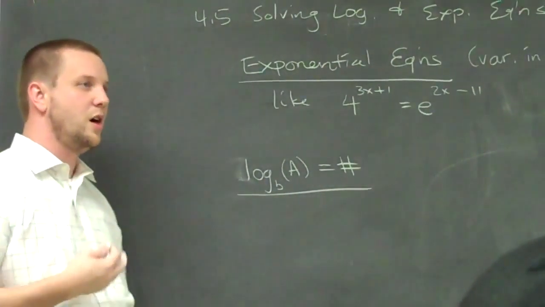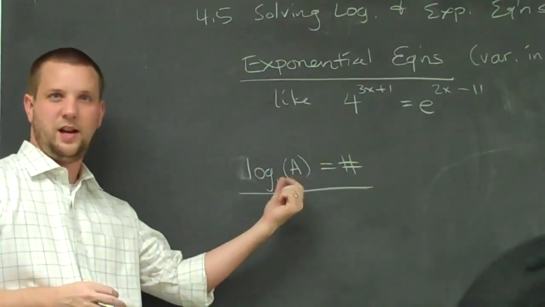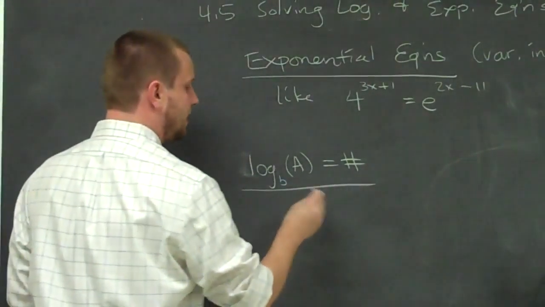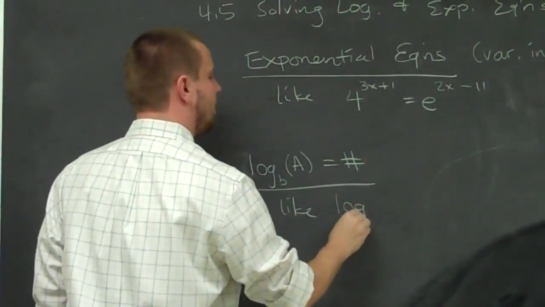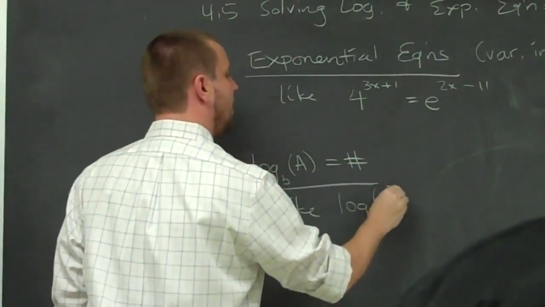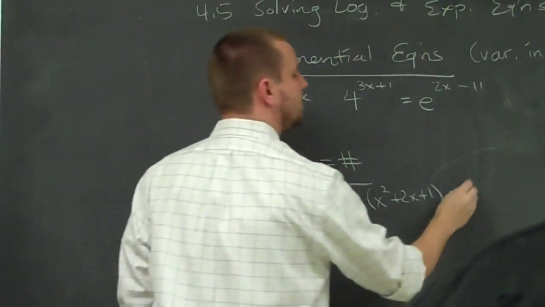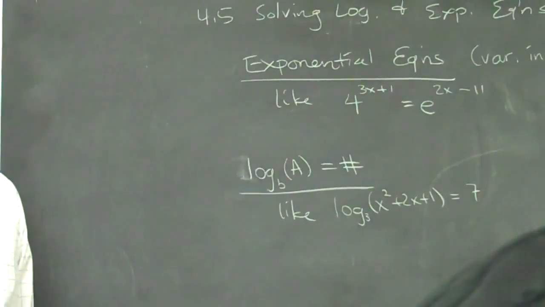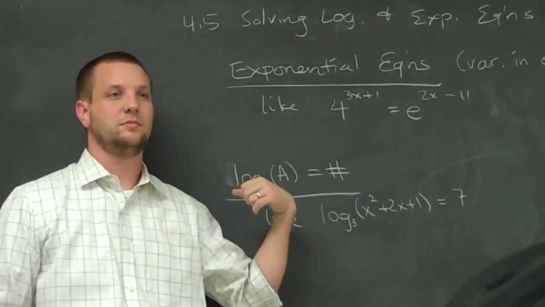They don't all come in this form. We may have to do some manipulating to get there, and we'll spend some time next week talking about that. But this is something like the log base 3 of x squared plus 2x plus 1 equals 7. This is the log of something equals a number. Okay?